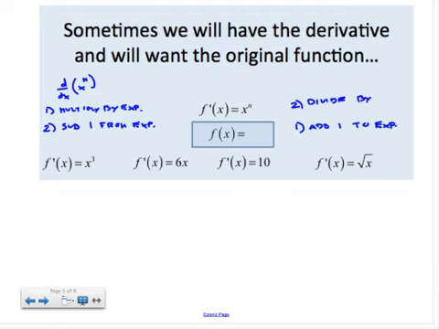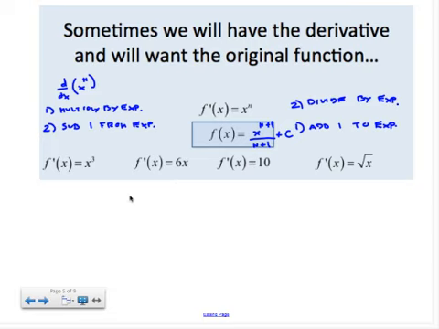So that's my process for undoing the power rule. So if I have x to the n is the derivative of f, then the antiderivative of f is going to have to be what? Add 1 to the exponent, so that gives you n plus 1, and then divide by that new exponent, n plus 1. And then I have to put a plus c, because any constant would still have the same derivative, x to the n.